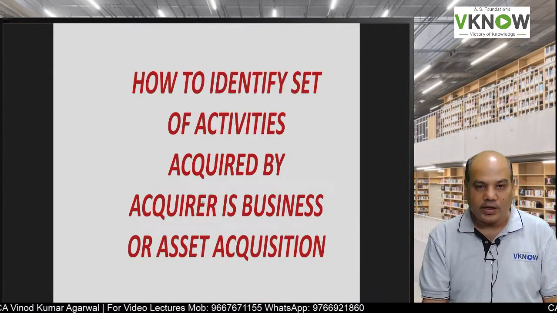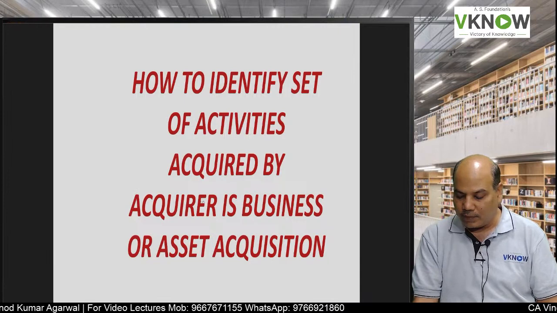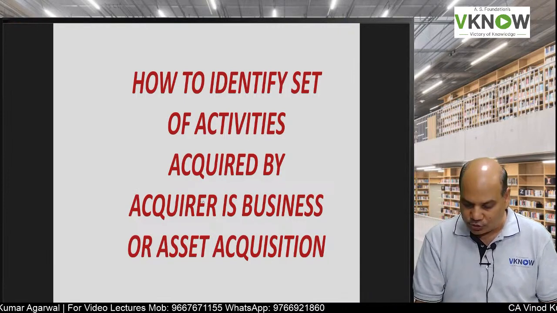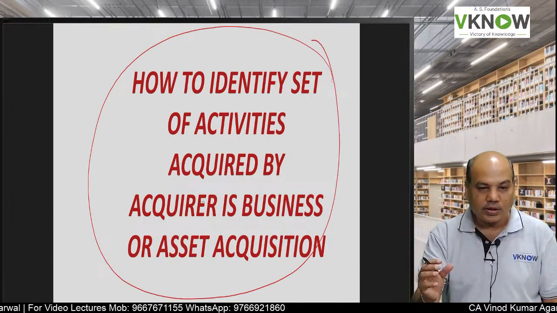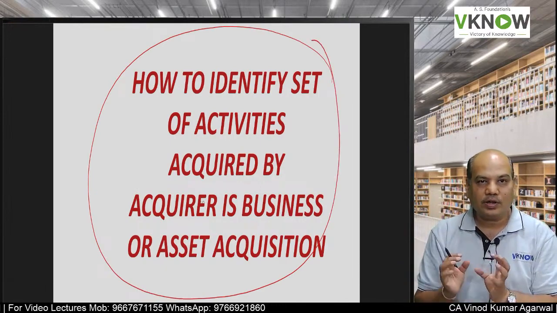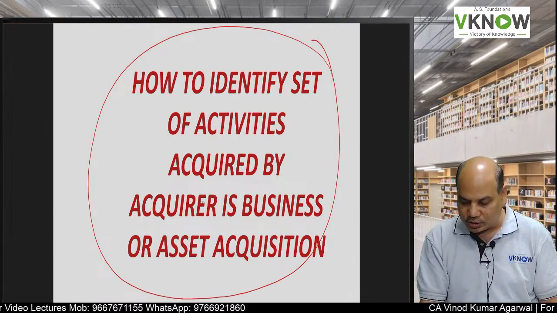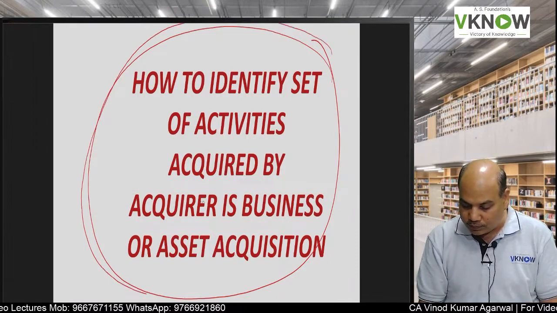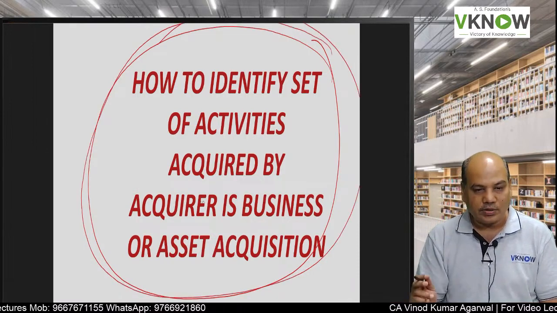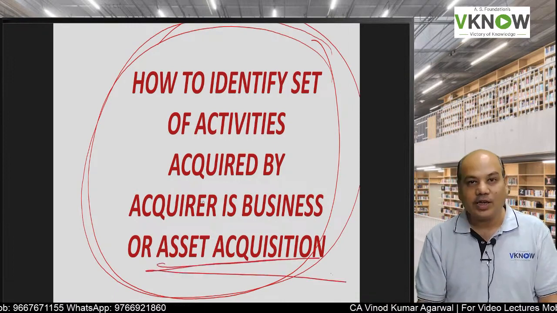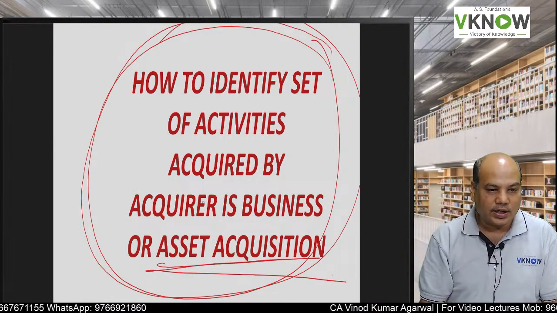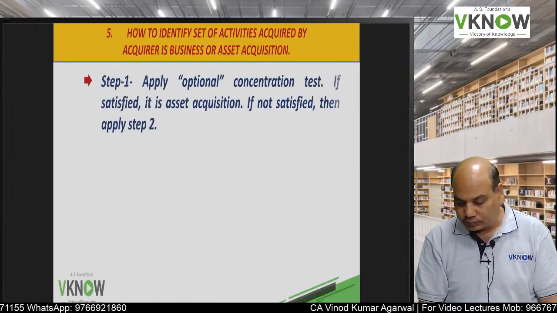How to identify whether the set of activities acquired by the acquirer is a business combination? Because only if it is a business combination is the standard applicable, but if it is an asset acquisition, then the standard is not applicable.